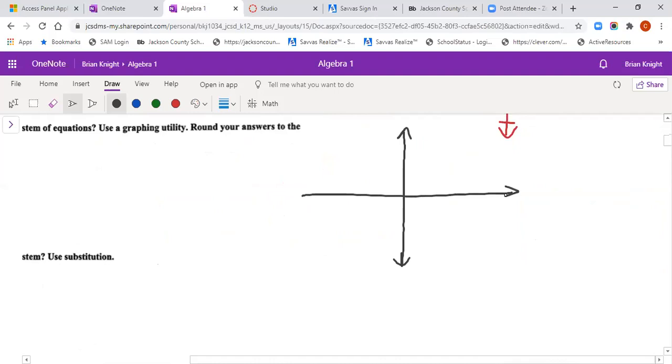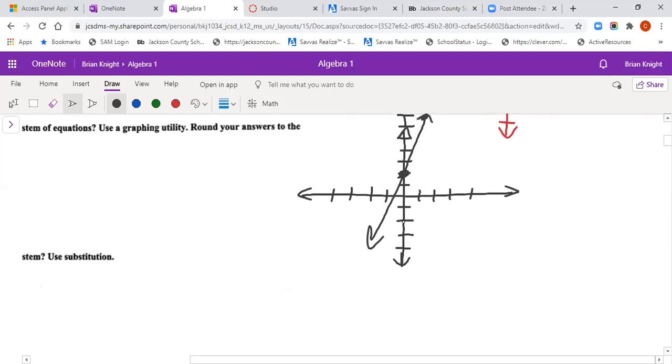What's my y-intercept on the first one? 2. So 2, my slope is 5. So up 1, 2, 3, 4, 5. I'll just add another one up there and over 1. So there's 1 graph.